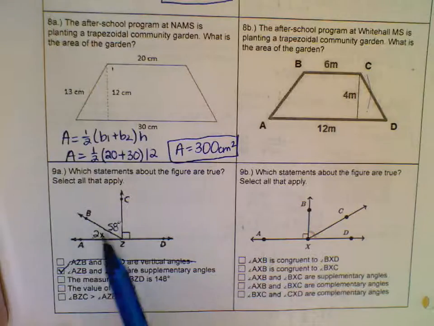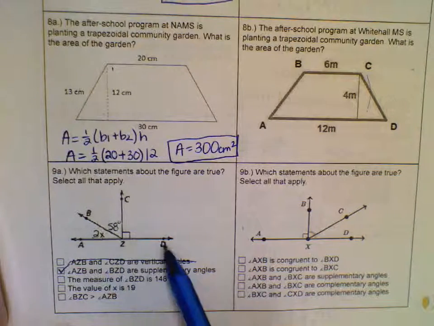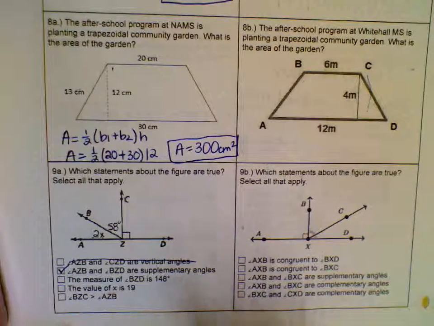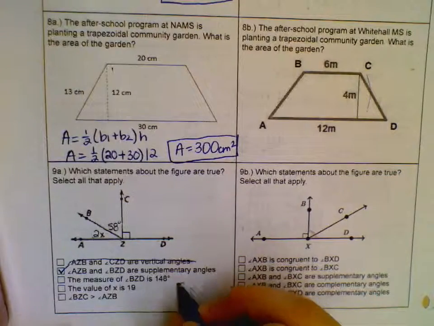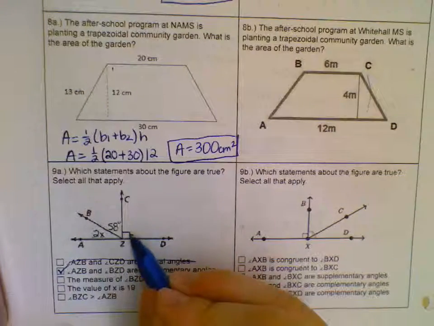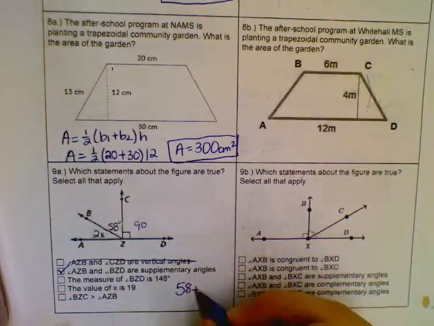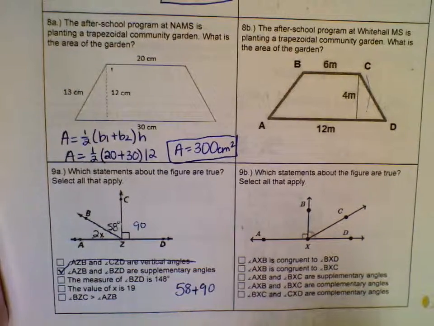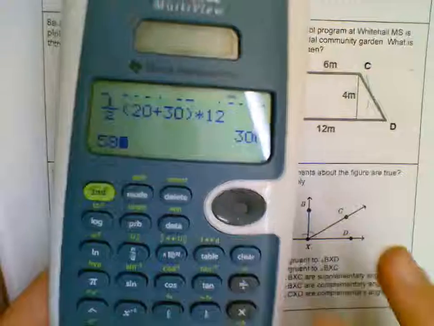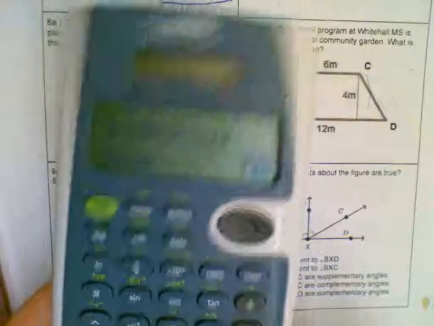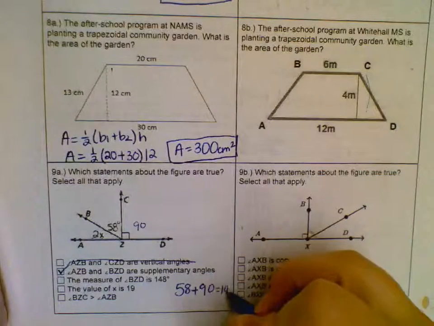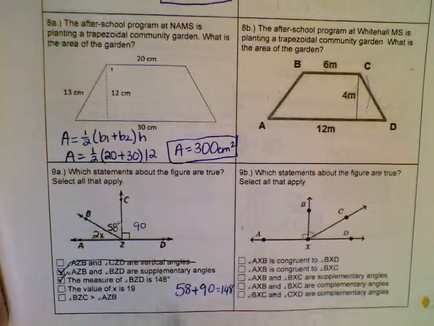The measure of angle BZD is 148. Well, we know that this angle here is 58 and this angle is 90. So 58 plus 90, let's check. There you go. Those two angles are 148.